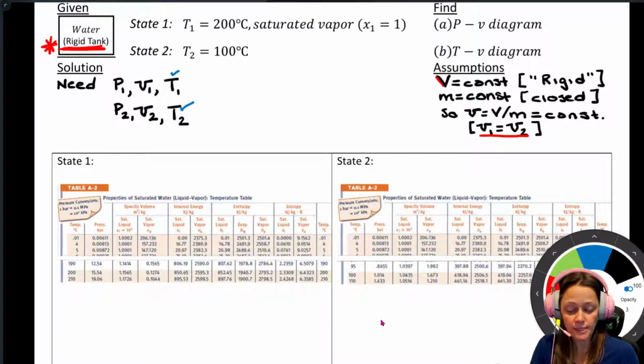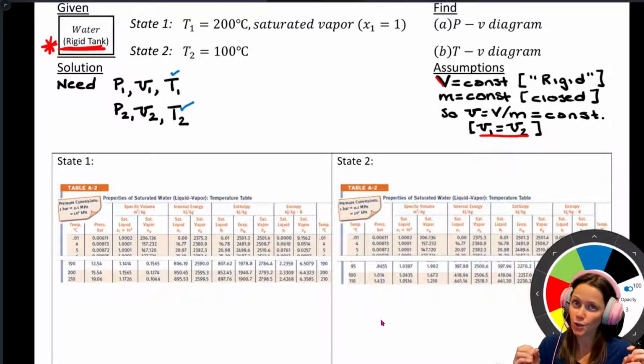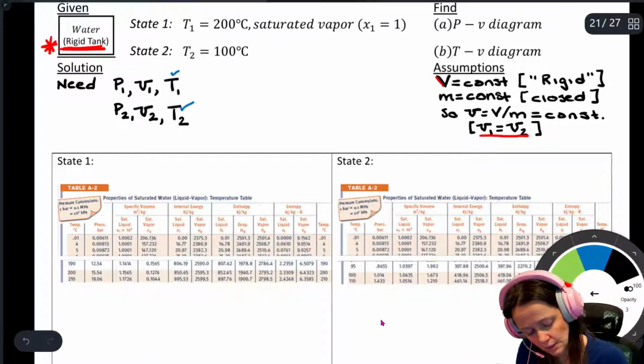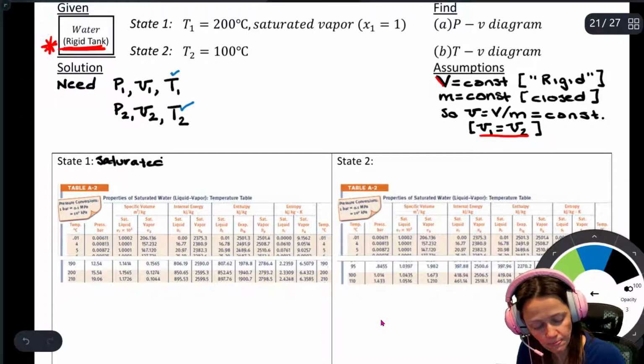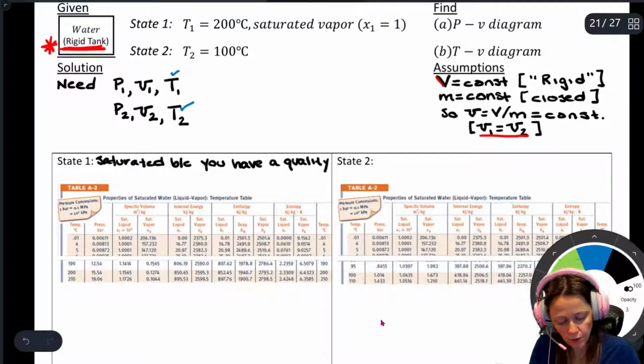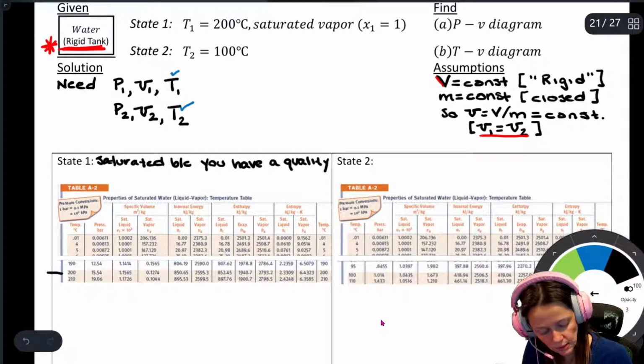State 1 is pretty easy because they tell us point blank, you've got a saturated vapor. So it's saturated, and that's because you have a quality. All you're going to do is go to the saturated tables, the ones organized by temperature.